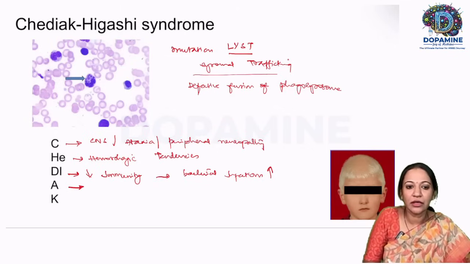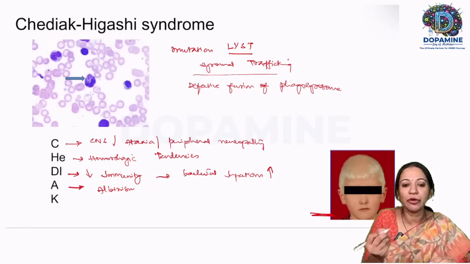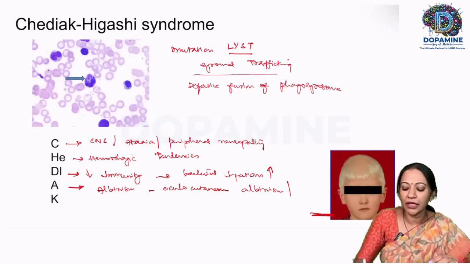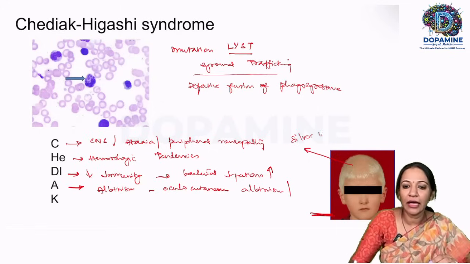What about this A? A stands for the typical clinical appearance of albinism. So albinism not only in the skin but also in the eyeball, which we call oculocutaneous albinism. This is the typical appearance. So this is the silver hair appearance, which is very classic of Chediak-Higashi syndrome.